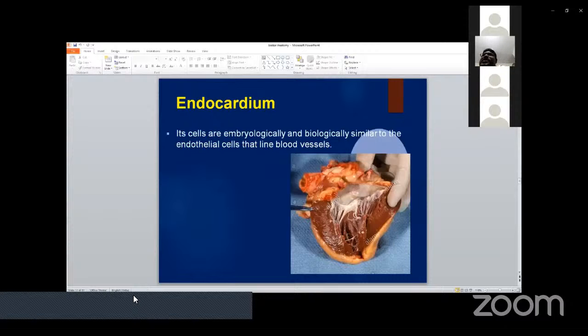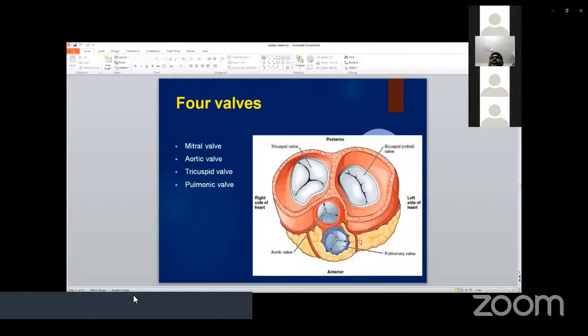And you can see the endocardium position. Endocardium cells are embryologically and biologically similar to the endothelial cells that line the blood vessels. So it is located near blood vessels also.